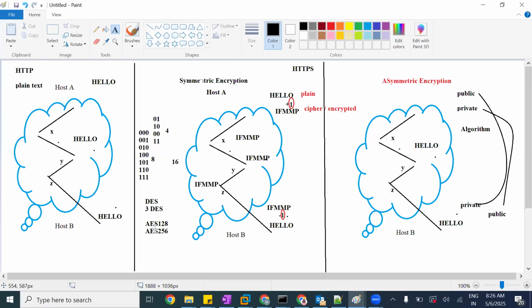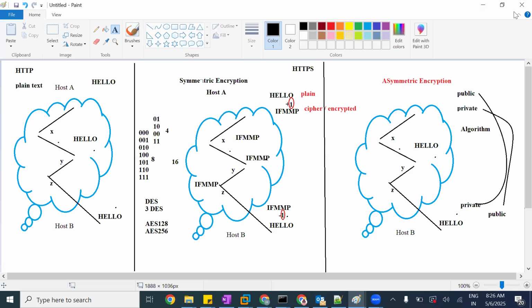In the ideal case, you recommend AES 256 because AES is the latest symmetric algorithm and the key size is more in AES 256.